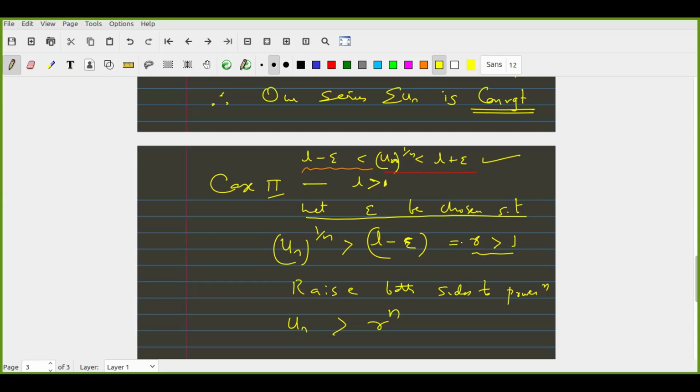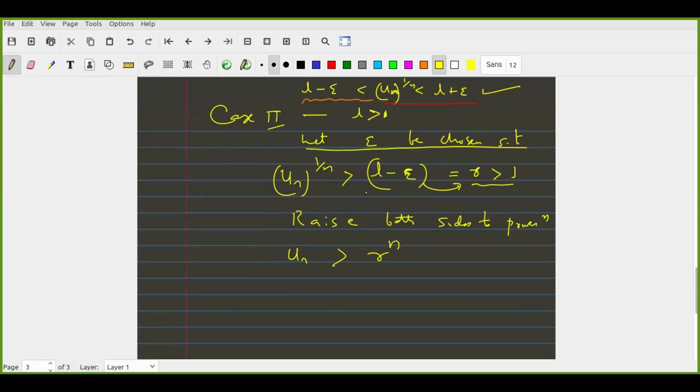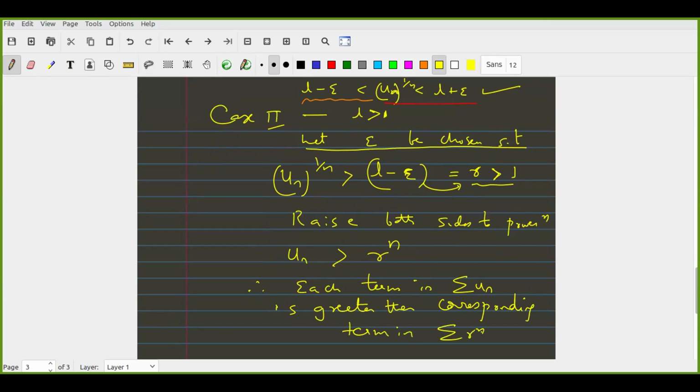I'm replacing L minus epsilon by r because I'm calling it r, which is a number greater than 1. Therefore, each term in summation un is greater than the corresponding term in summation r^n.